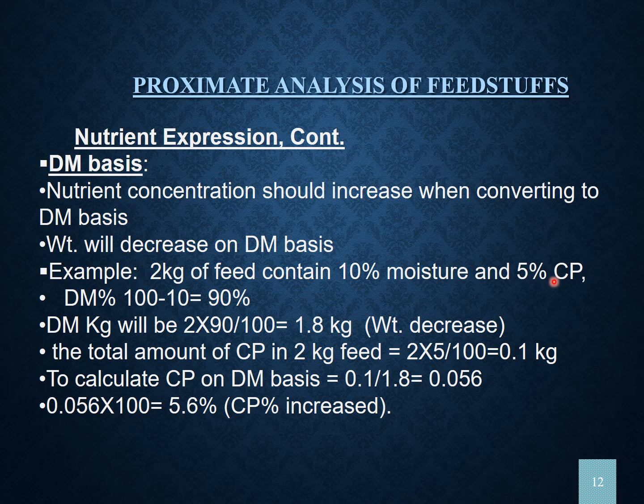We want to know the dry matter percent, and we want to convert the crude protein percent to dry matter basis. Why? Because this sample looks like it is on as-fed basis because it has moisture. As I said, on dry matter basis there is no moisture. We remove all the moisture completely by using the oven.